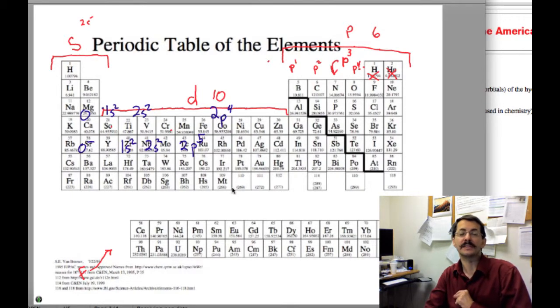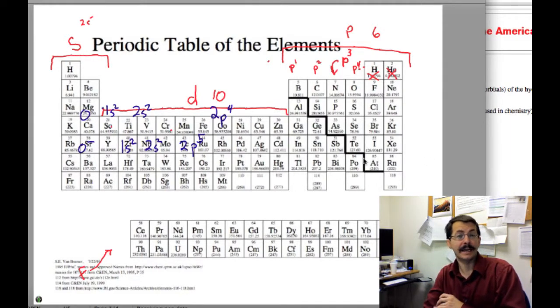So it gets a little confusing down here. All right. But you can use the periodic table again as your guide.